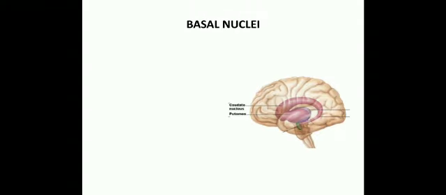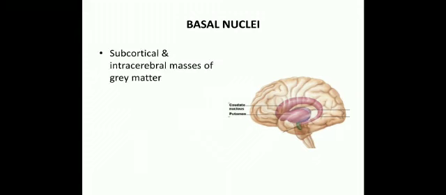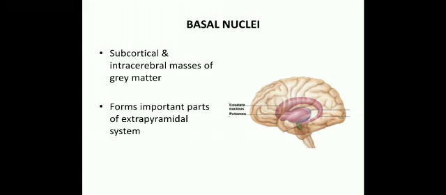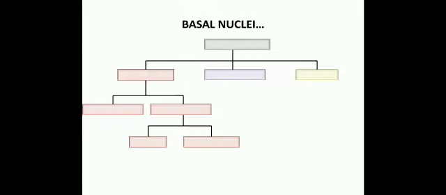Now, we will discuss the basal nuclei. The basal nuclei are the subcortical and intracerebral masses of grey matter, and they form an important part of the extrapyramidal system. The basal nuclei are also known as the basal ganglia. They include the corpus striatum, the amygdaloid body and the claustrum.